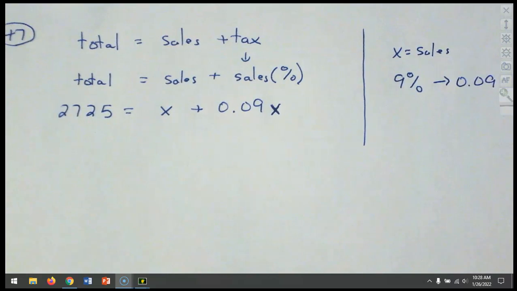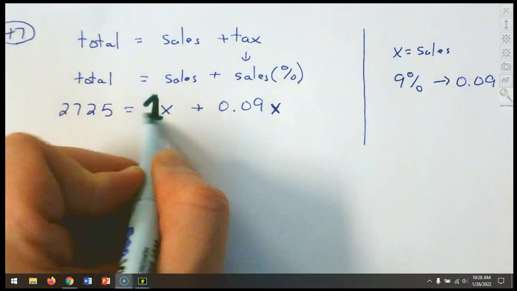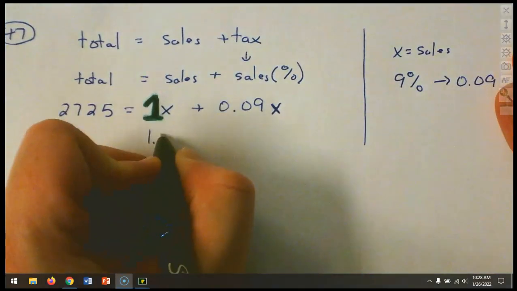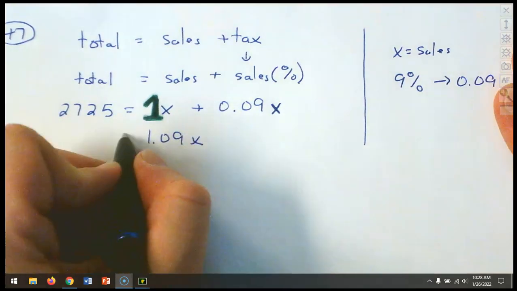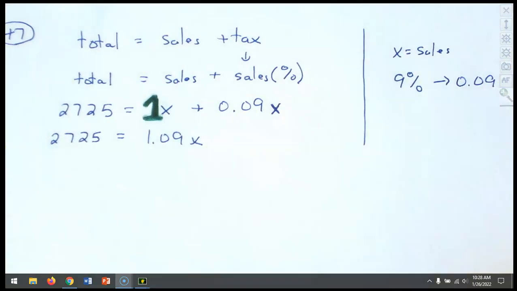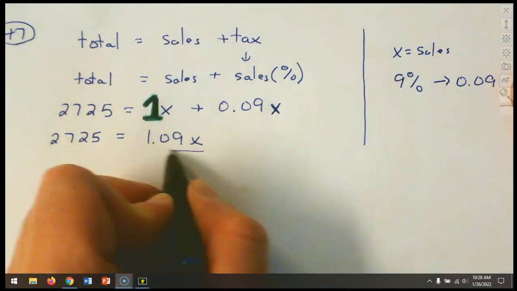Now we just add them together. Make sure when you add these together you're careful. Remember, this is 1 here. So that's going to add together to give you 1.09x. And that's 27.25, and you could flip them around if you want. Doesn't matter. We'll go ahead and divide.